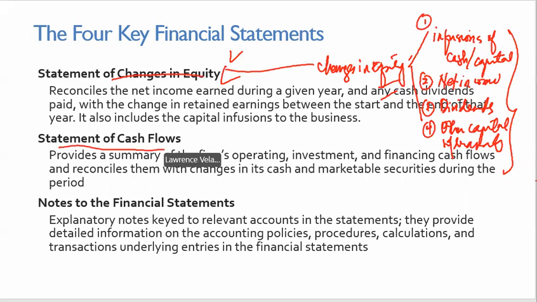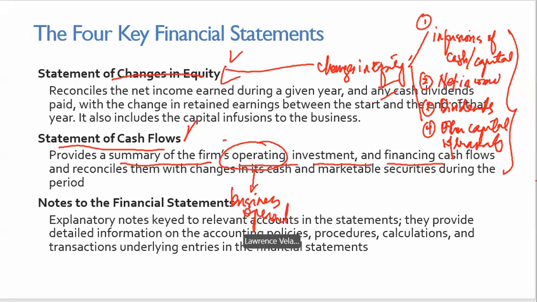The statement of cash flows provides a summary of the firm's operating, investment, and financing cash flows, and it reconciles the balance of cash and cash equivalents in a period of time. Operating cash flows are cash flows generated from business operations.